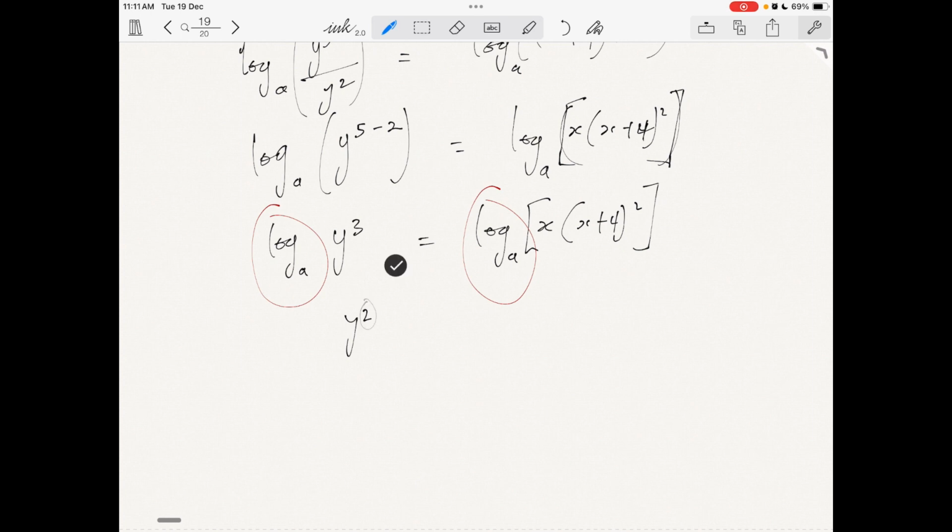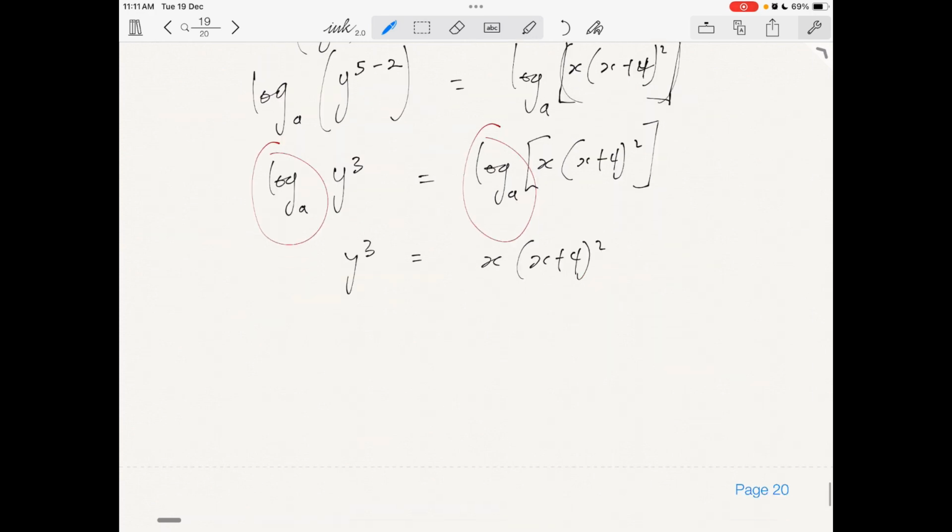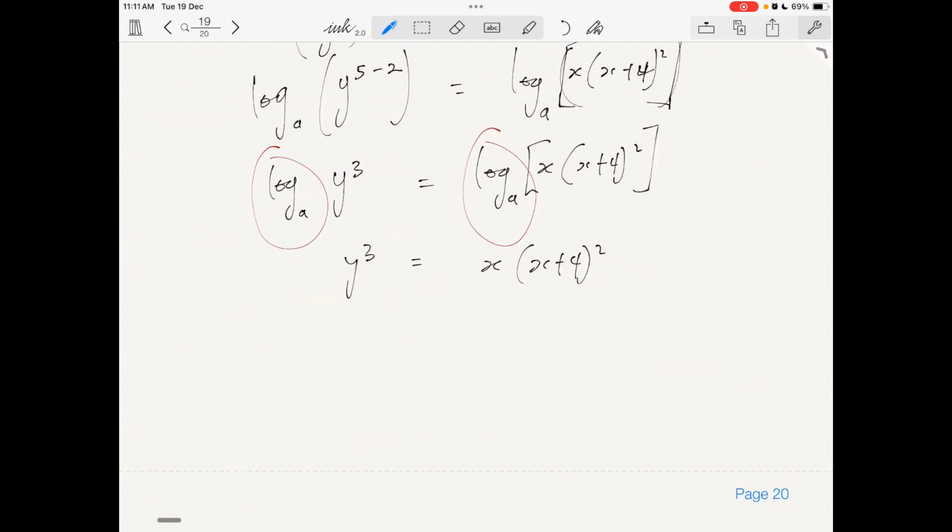Y raised to the power 3 is equal to x into (x plus 4) all squared. Now the question says we should find y in terms of x, so all we have to do is take the cube root of both sides, so y is the cube root of x into (x plus 4) squared.